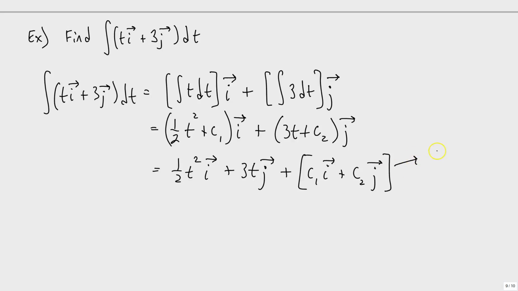But this is just a constant vector, it doesn't depend on t. So we'd have 1/2 t squared times vector i plus 3t times vector j plus just some constant vector c.